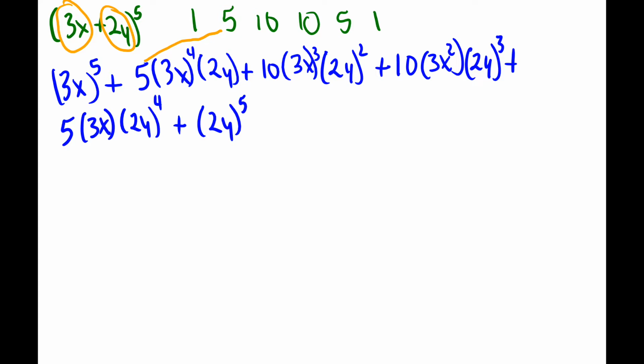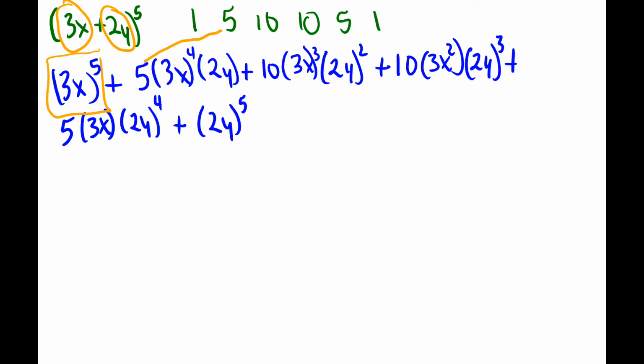Now, what I'm going to have to do, like in this first expression, is take 3 and raise it to the 5th power, and raise the x to the 5th power.